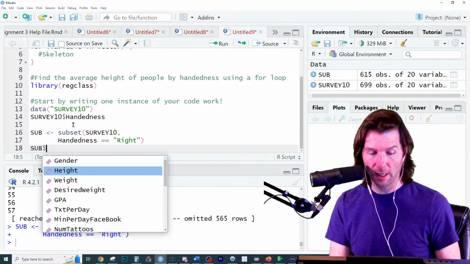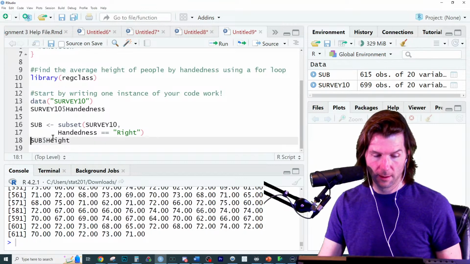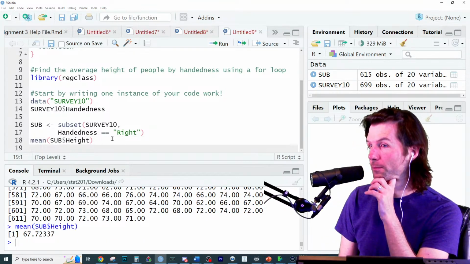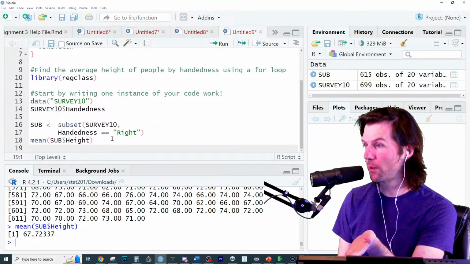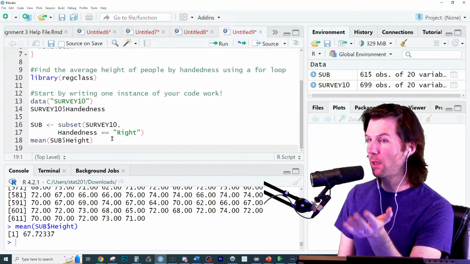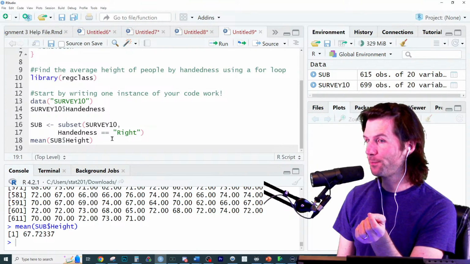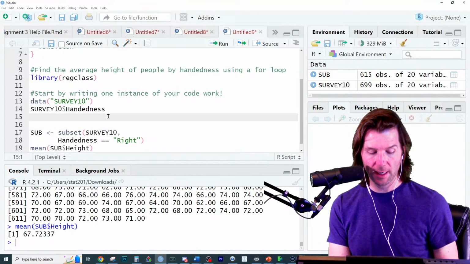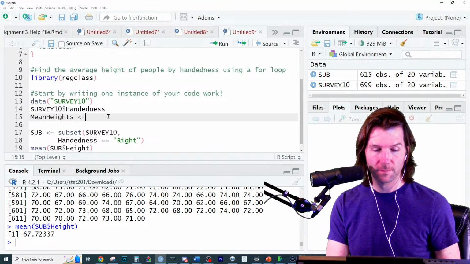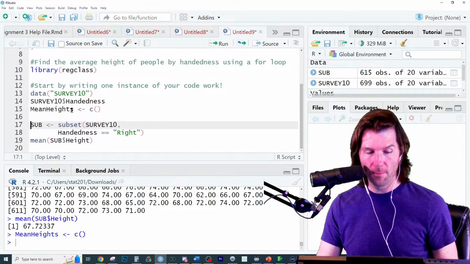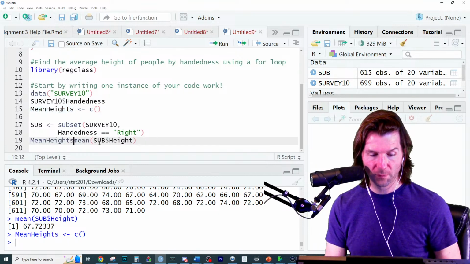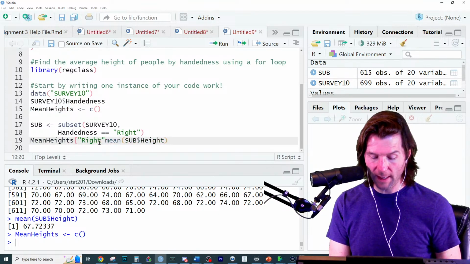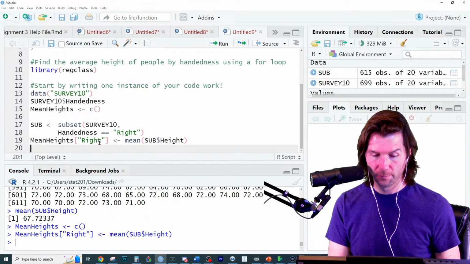Let's go here to the height, and now I have the mean of their height. Does that make sense? I now have the mean height of right-handed people. So we probably want to store this somewhere and say mean heights, and we'll store this to mean height of right-handed. You can store to a position.